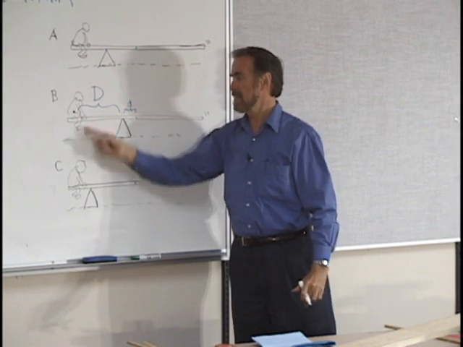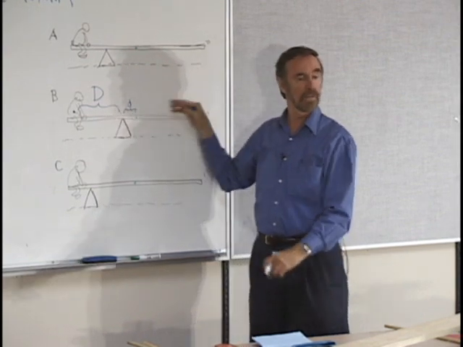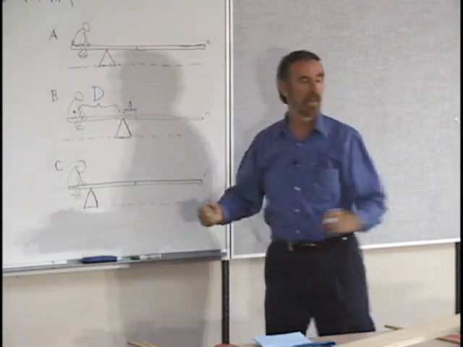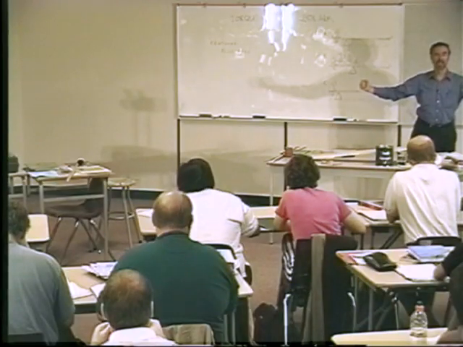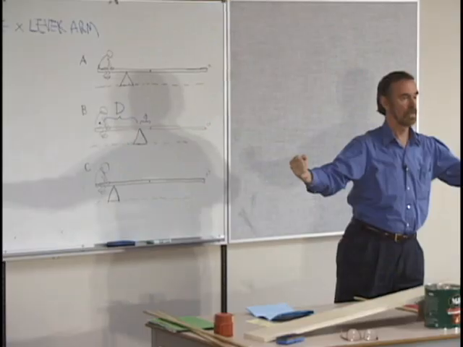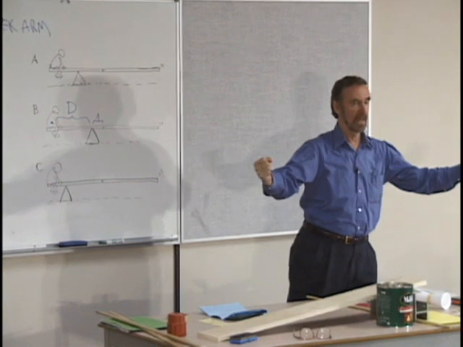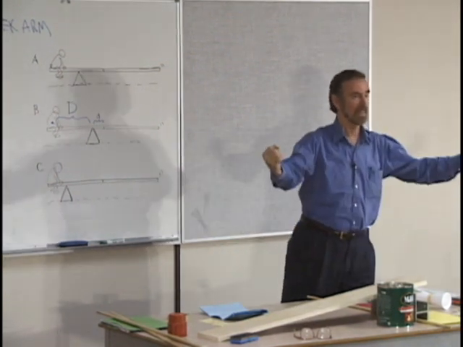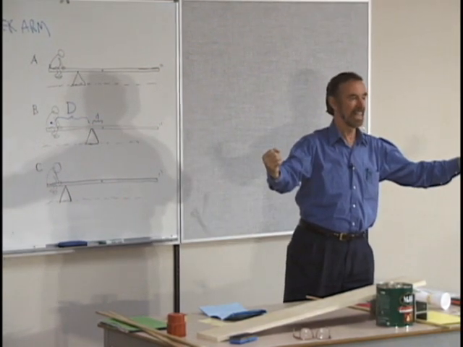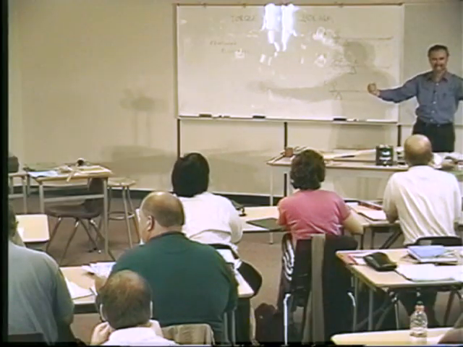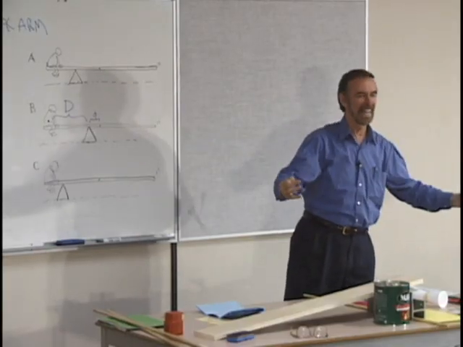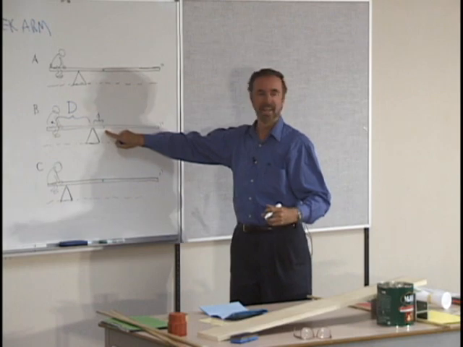This boy's weight times that distance will equal the weight of the board times this distance. Therefore, the weight of the board is less. You're supposed to scream and throw things. Therefore, the weight of the board is less. How many of you are going, yeah, whatever you say, Mr. Hewitt? Go back. It's more, right? Okay, so the board is heavier.